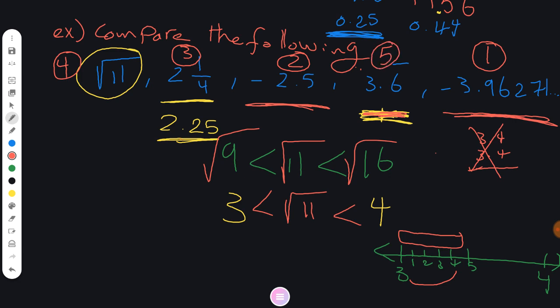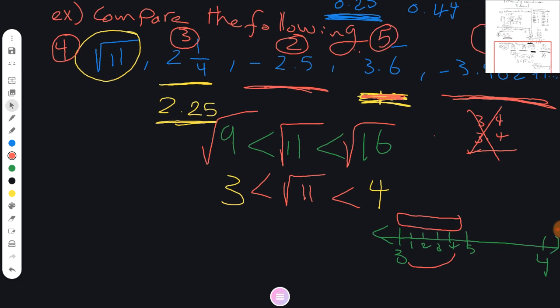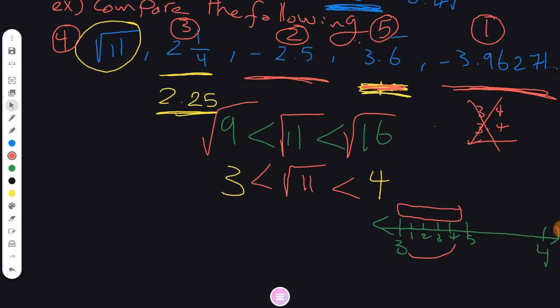If we want to arrange them now, we'll write it like this. First one is negative 3.96271, and so on. Second one is negative 2.5. Third, 2 and a quarter.